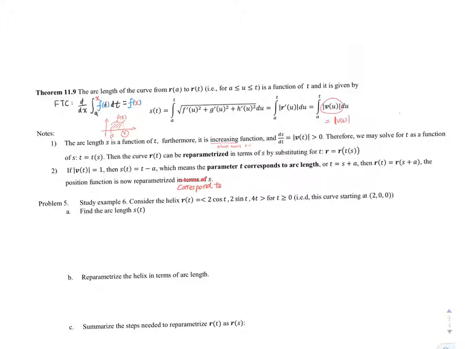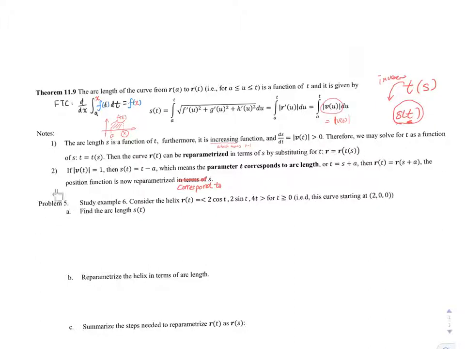So now we have s of t, right? And this function, because it's 1-to-1, you can find its inverse function. In other words, you can solve for t in terms of s. This actually is its inverse, all right? So if you do that, the curve r(t) can be reparameterized in terms of s by doing this substitution.